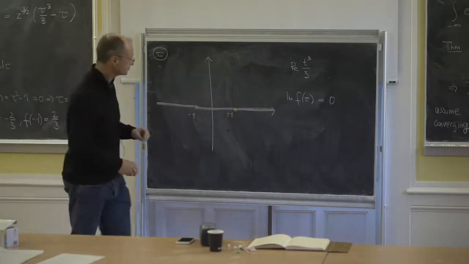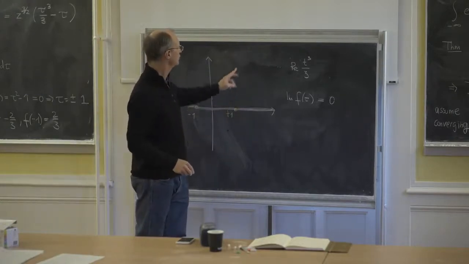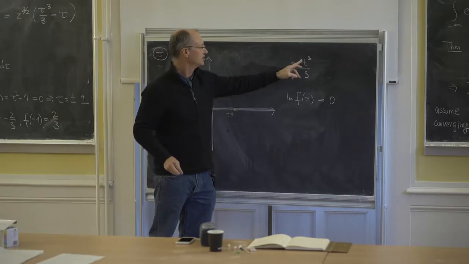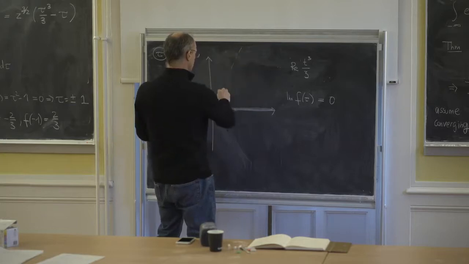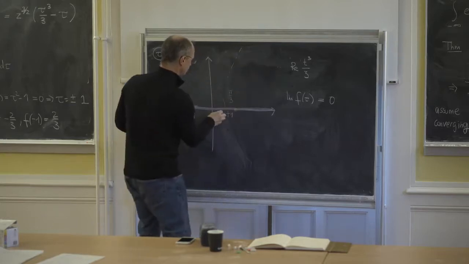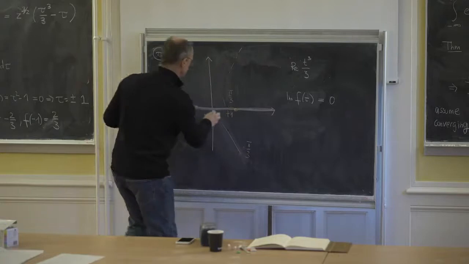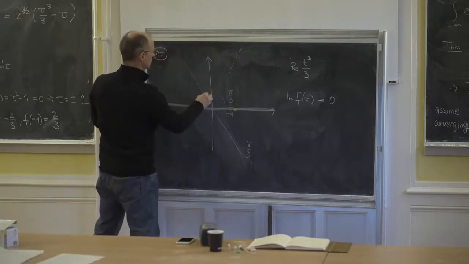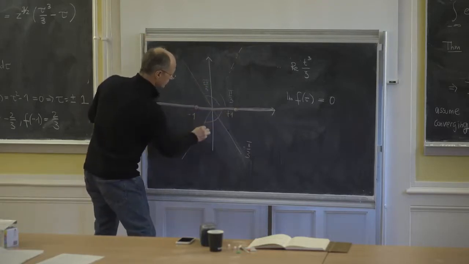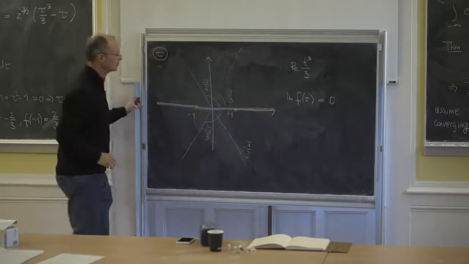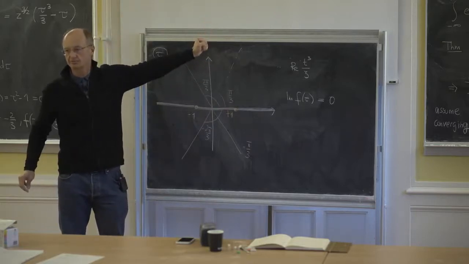Now, what happens along those rays? Here t cubed over 3 along those rays, at angles pi over 3, minus pi over 3, 2 pi over 3, and minus 2 pi over 3, is real.